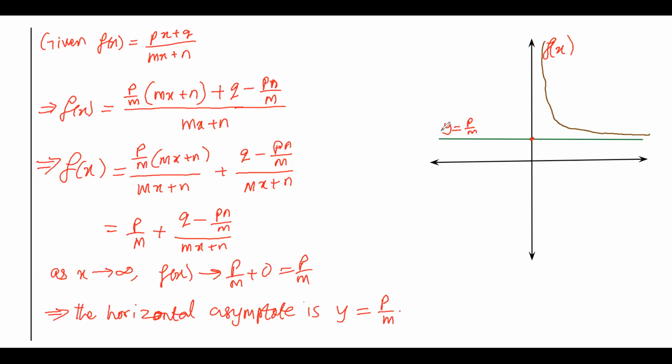So this is the technique that we are going to use. We don't have to find f inverse. That's the point. When you have numbers, it is easy to see. So we don't have to find f inverse in this case. So this is just finding the horizontal asymptote.